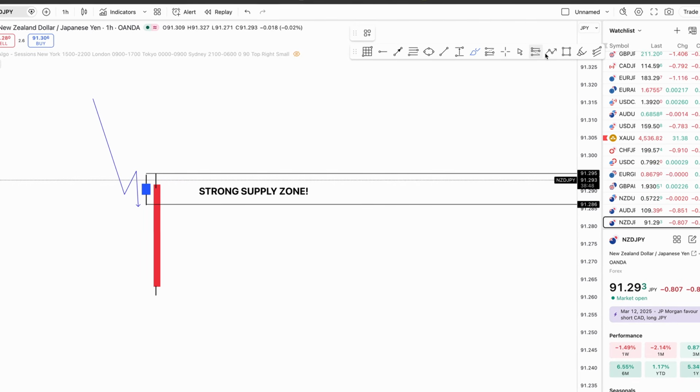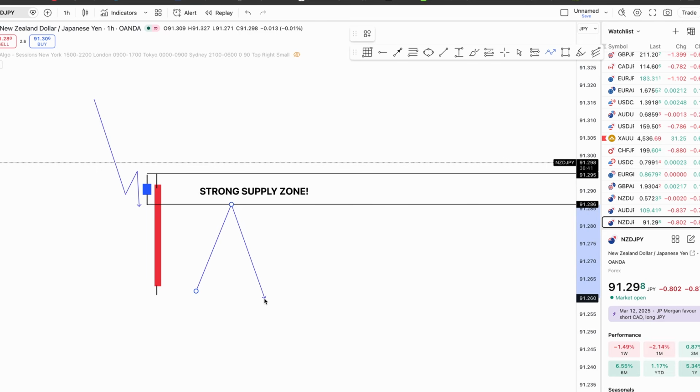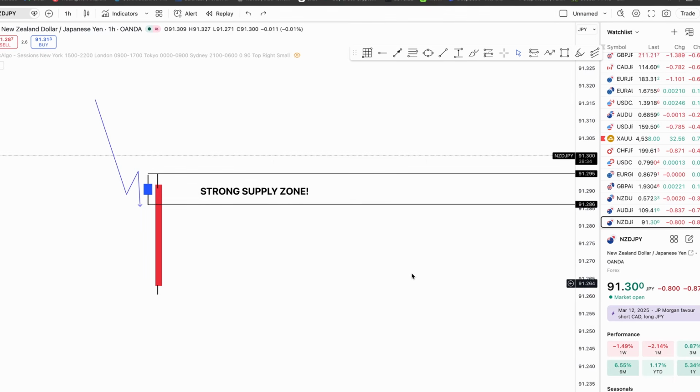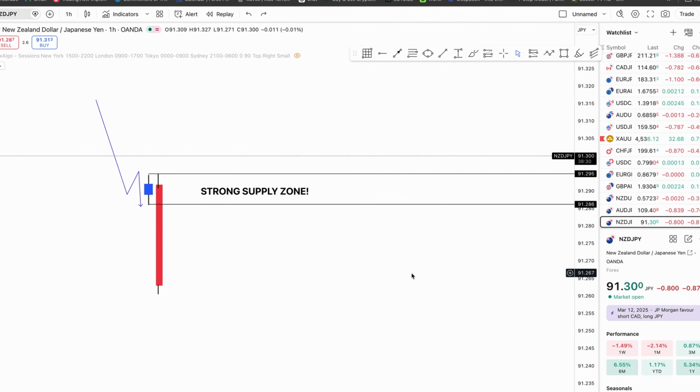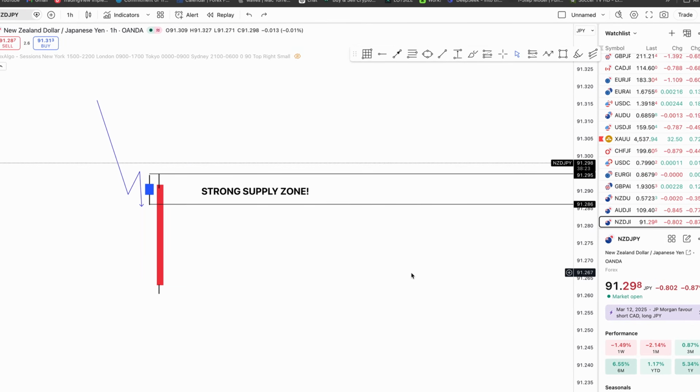That's our point of entry, exactly an area where we would love to enter the market, right? A movement back to the supply zone, and a continuation to the downside. So in this case, we're going to talk about 3 common mistakes people make, and number 1 is entering immediately at a zone, right?